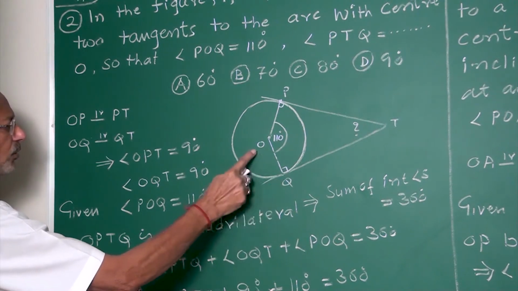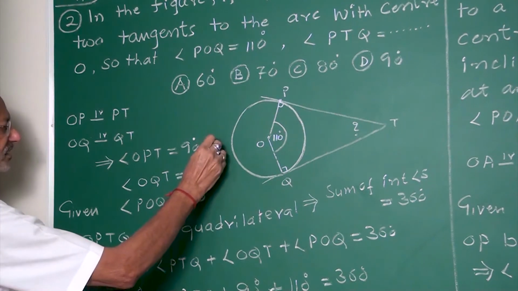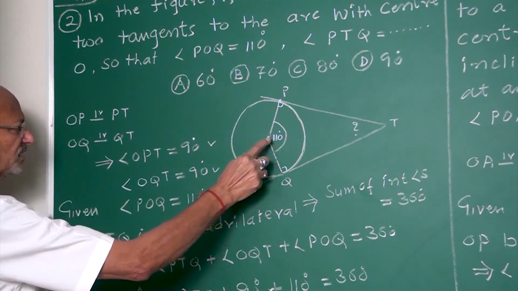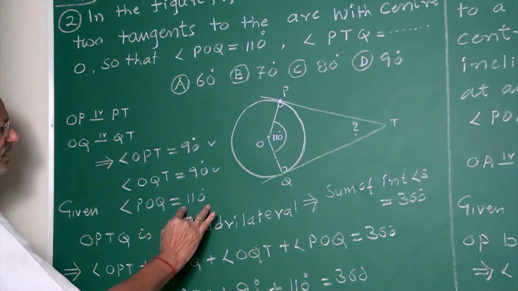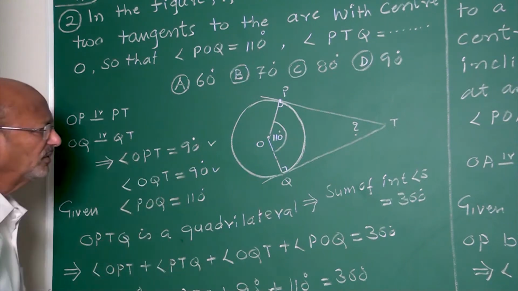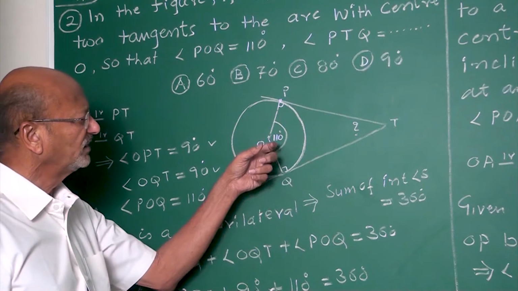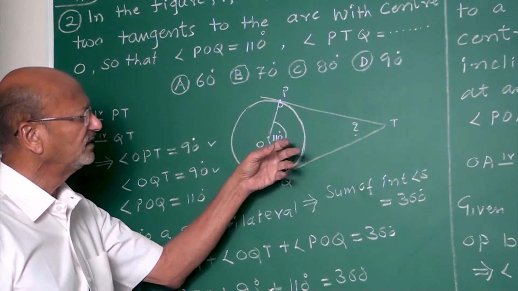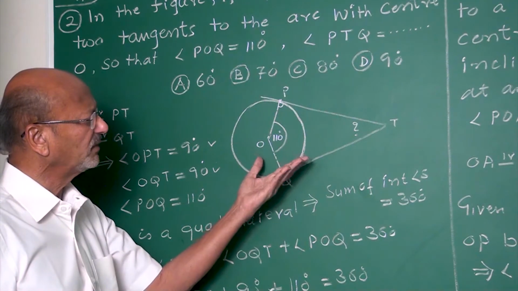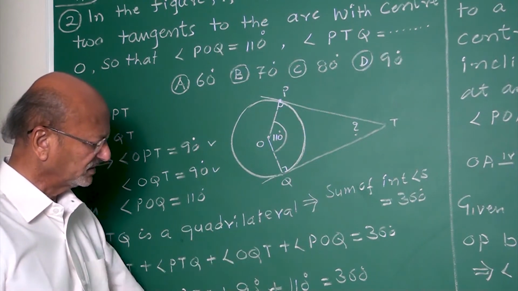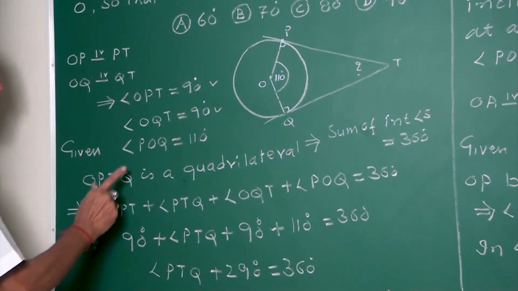This angle OQT is also 90 degrees. This angle is given as 110. Then 90 plus 90 is 180, 180 plus 110 is 290. 360 minus 290 means the angle is 70 degrees.